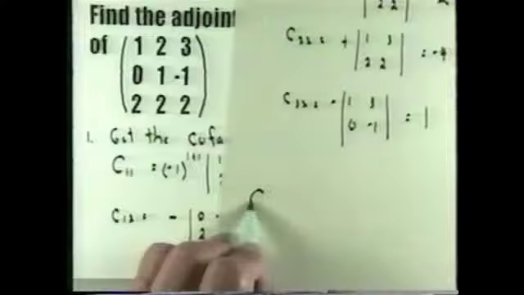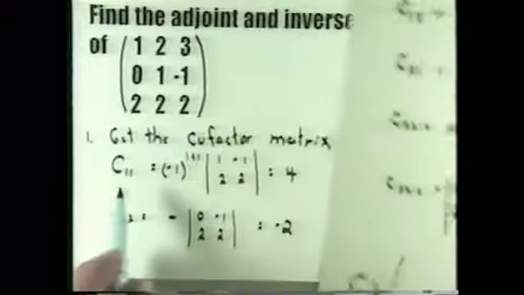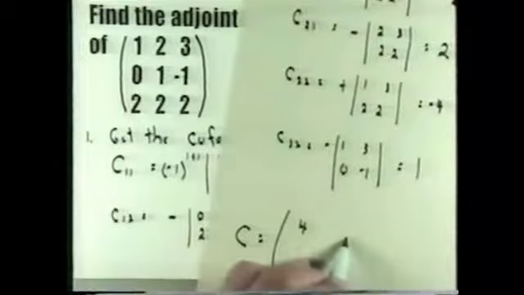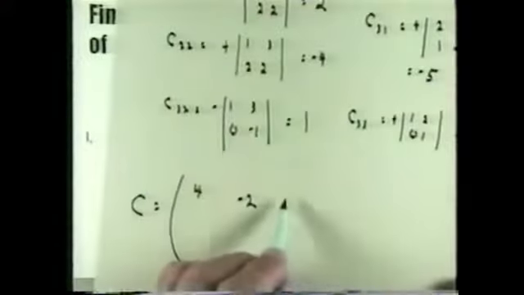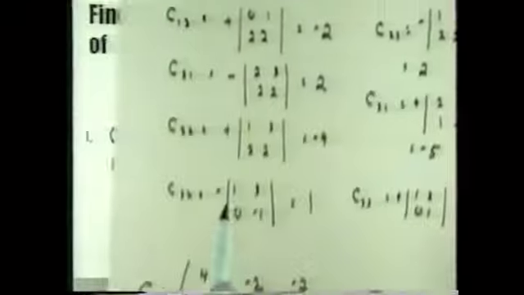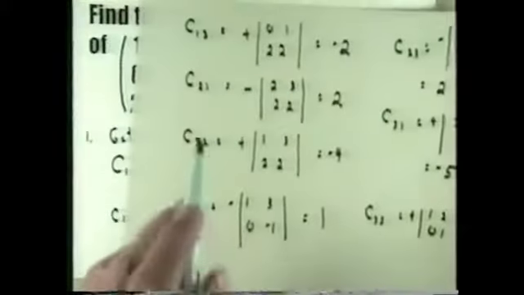Now putting all the numbers together into the cofactor matrix C, we have C of 1, 1 is 4, C of 1, 2 is negative 2. C of 1, 3 is negative 2. C of 2, 1 is 2.